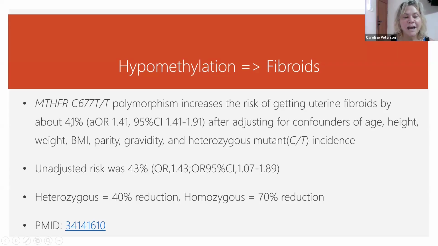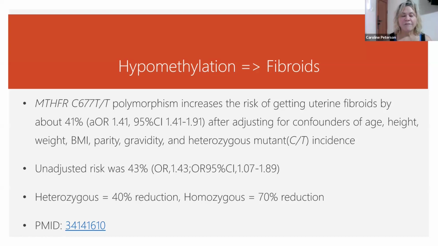So when they looked at increased risk of fibroids for women who had the MTHFR C677 SNP without controlling for anything, they found that these women had a 43% increased risk.